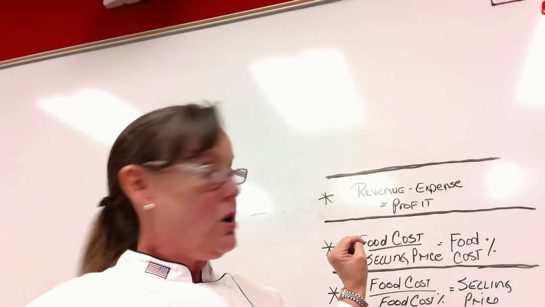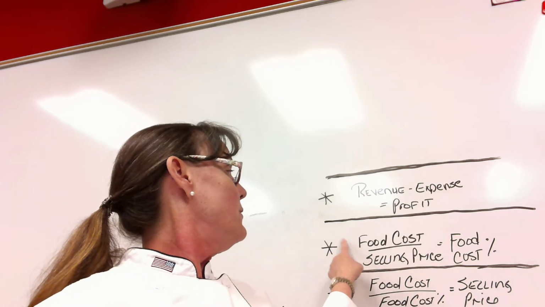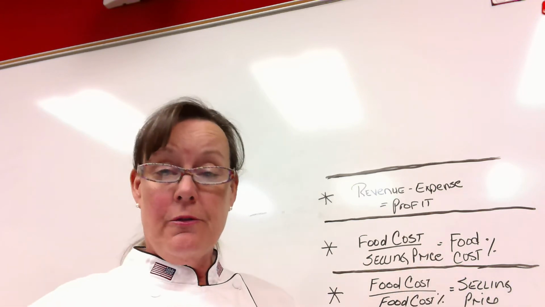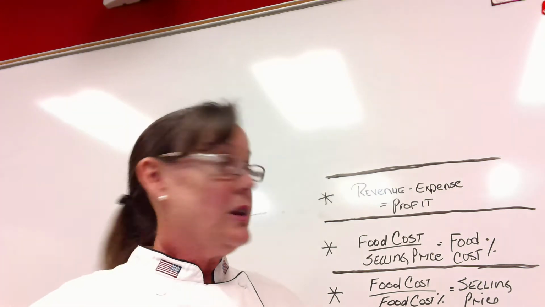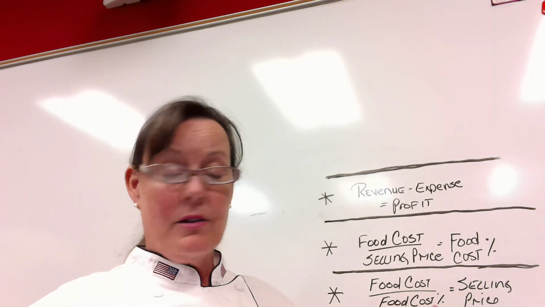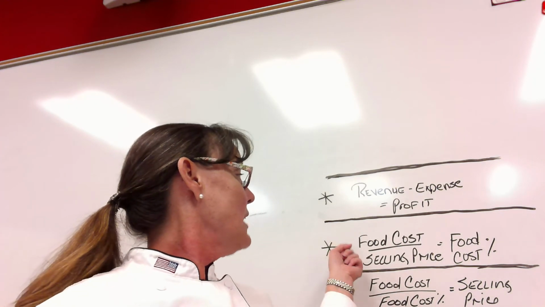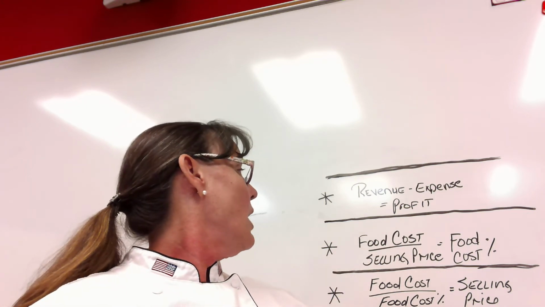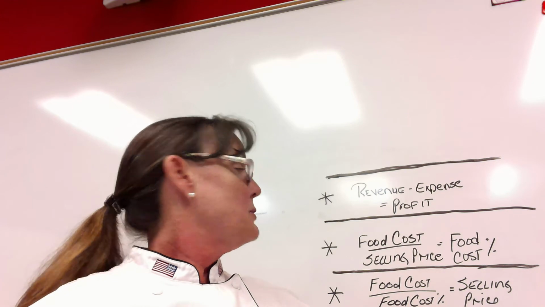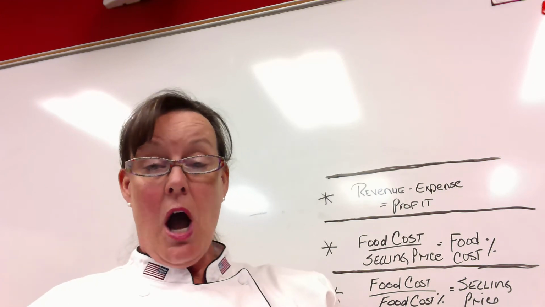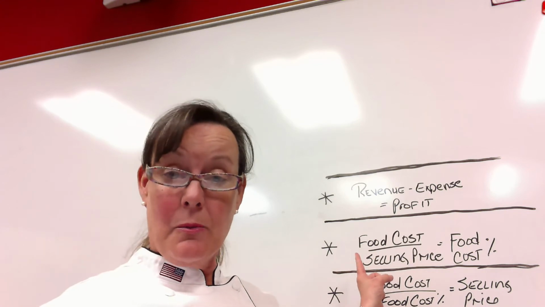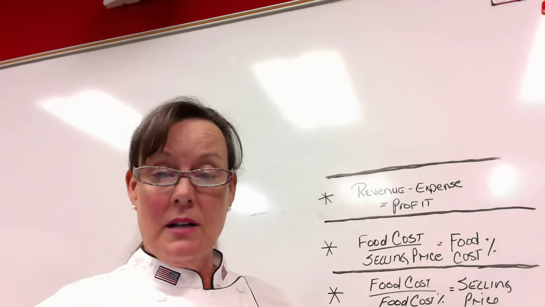So your food cost percentage will always be food cost divided by your selling price. That will give you your food cost percentage. Guess what? Your labor cost percentage would be your labor cost divided by your selling price. That would give you your labor cost percentage, all right? Your operating cost divided by your selling price, that's going to give you your operating cost percentage.